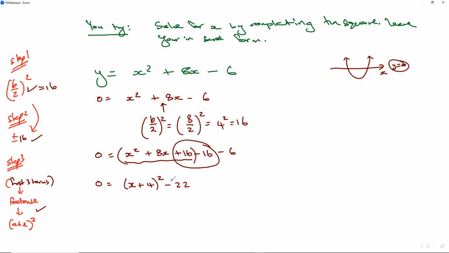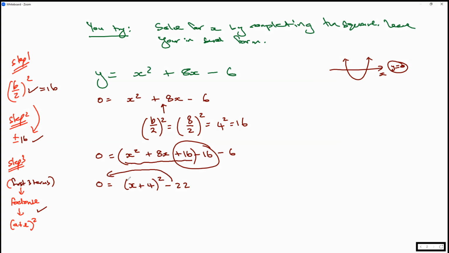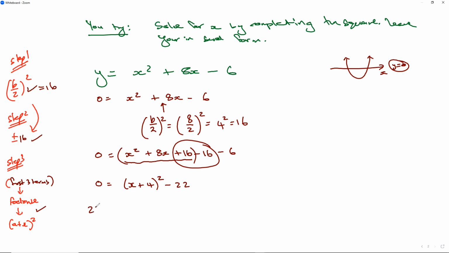So we're going to take negative 22, move it across, and it becomes positive 22, and x plus 4 squared remains on this side. Then square root, add a plus and minus, square root the right hand side, that cancels out, getting me plus minus the square root of 22 equals x plus 4.